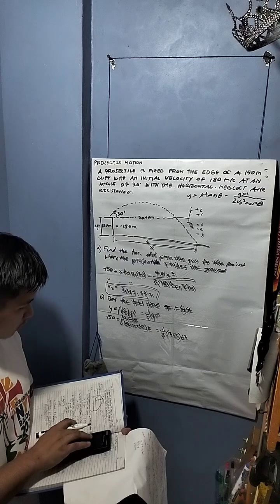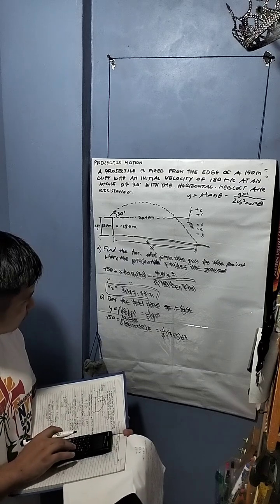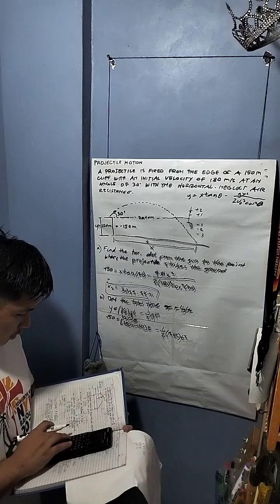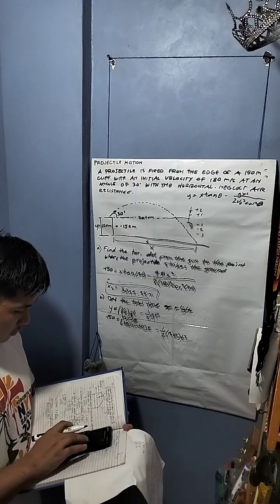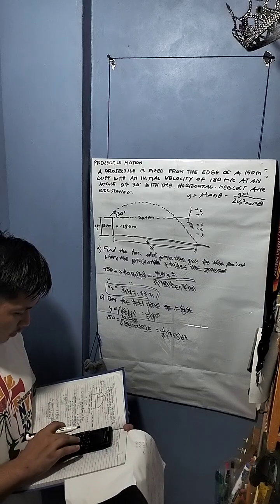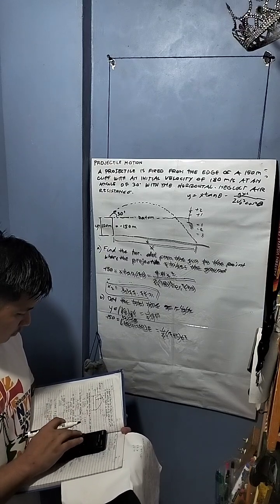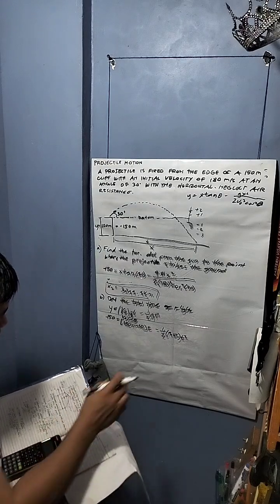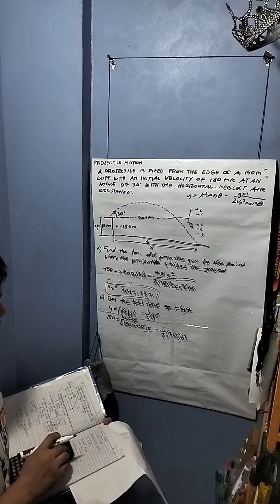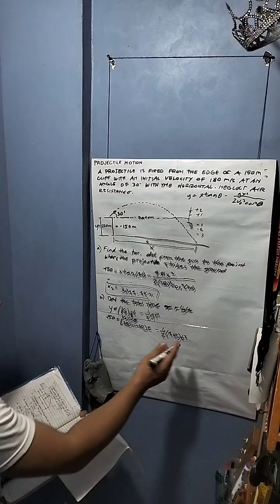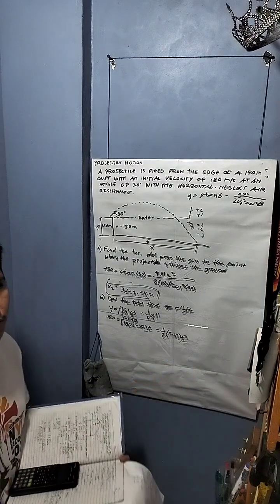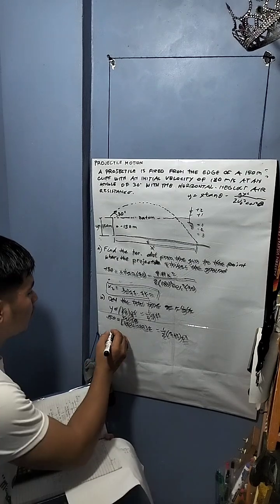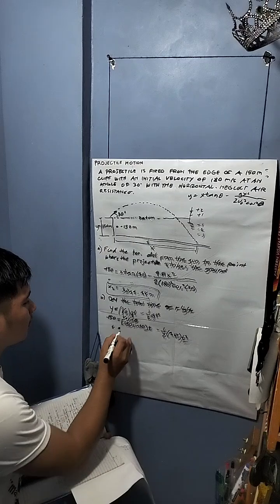Here we can see that the time is still in a quadratic equation, so we should discard the negative time.